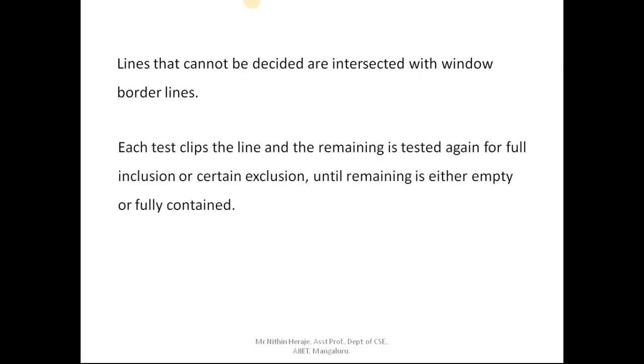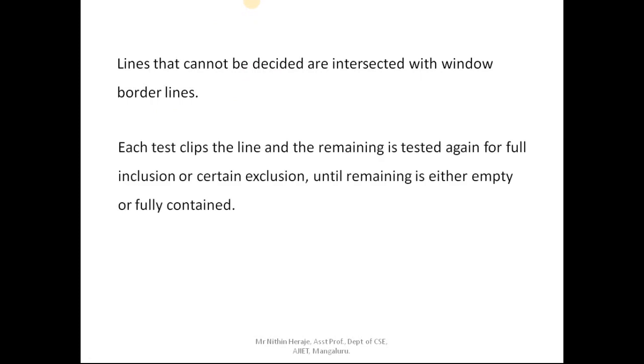Then the lines that cannot be decided are intersected with window border lines. So that means some portion of the line segment is inside the clipping window. So you need to find the intersection point there.